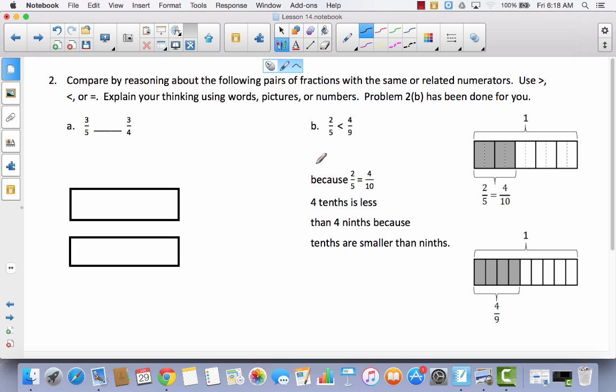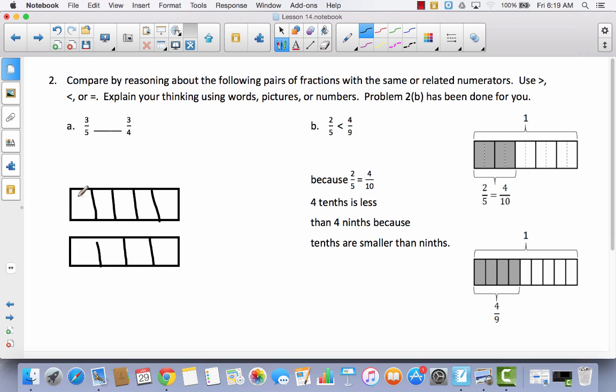All right, now we're going to divide the first one into fifths. Ooh, my lines are not straight today. Okay, so 5 parts. We have 1, 2, 3, 4. Okay, this isn't perfect, but it's close. So now let's divide this into 4. So we're going to divide it in half, and then divide each half in half.